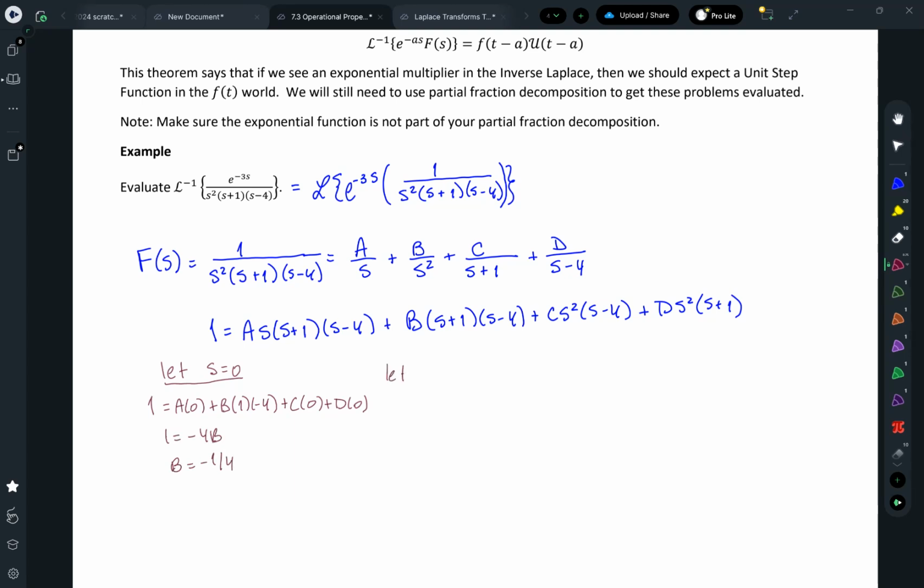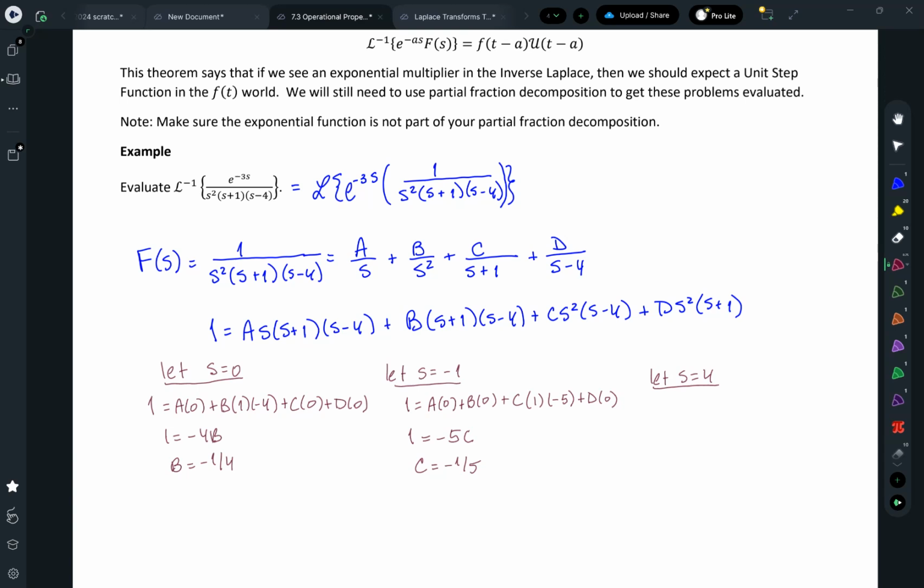Then I let s equal minus 1. So then 1 is equal to A times 0 plus B times 0 plus C times 1 times minus 5 plus D times 0. So this means 1 is equal to negative 5C, so C is negative 1 over 5. Then I let s equal 4.